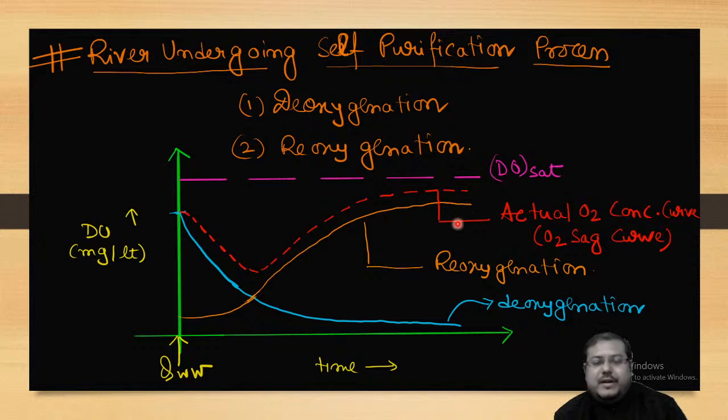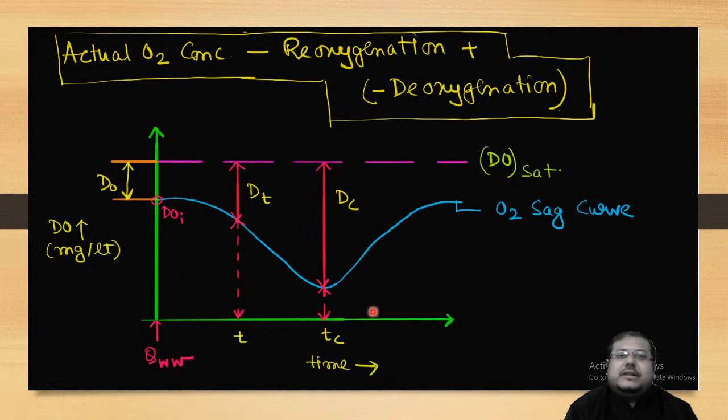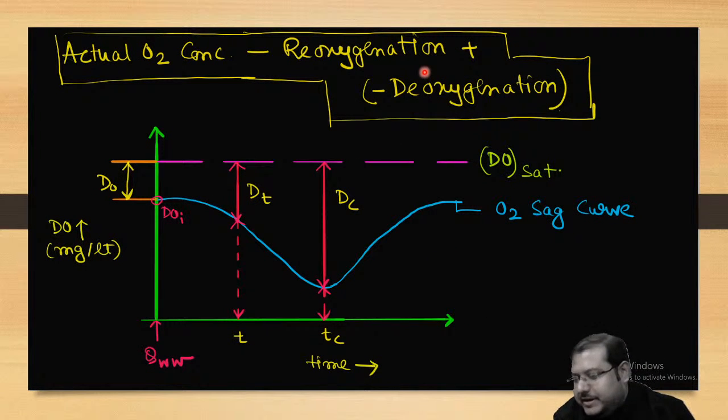That is the maximum level always they will try to reach. Understood? So actually this actual oxygen concentration curve is what we are getting from reoxygenation plus or minus deoxygenation process. Clear?